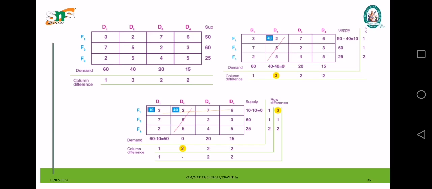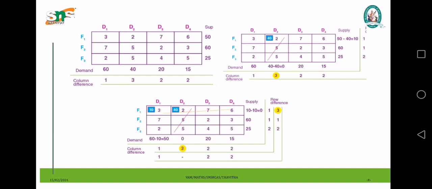Again we find the differences in the reduced table. The table is D1, D3, D4 and F1, F2, F3. Minimum of first row is 3, second row is 1, third row is 2.